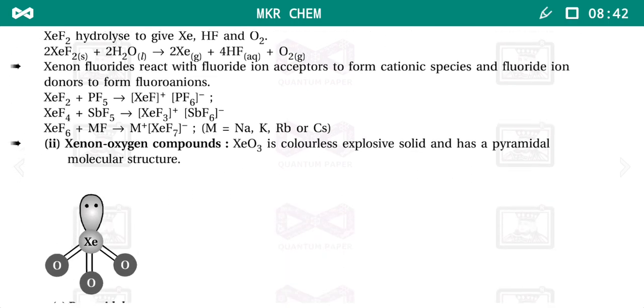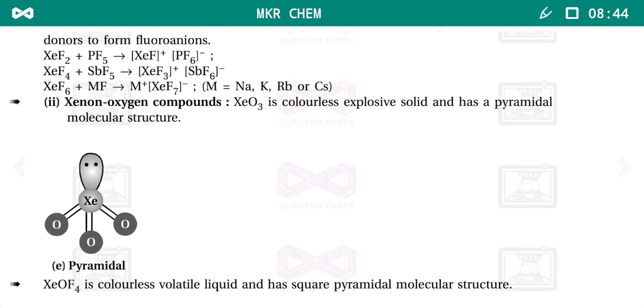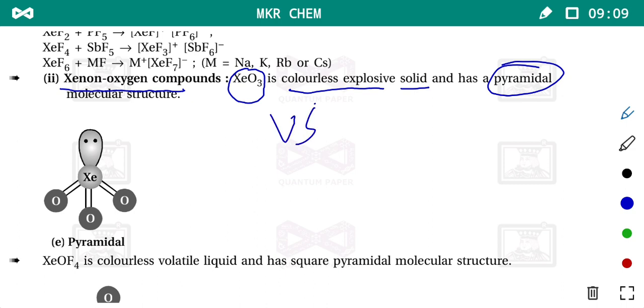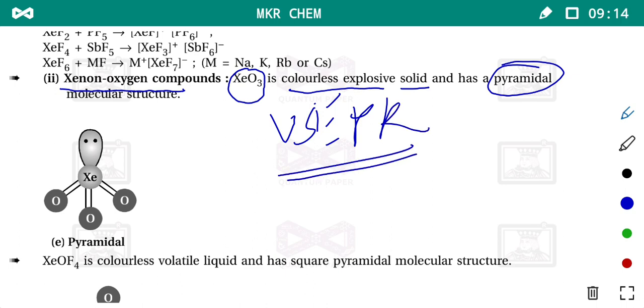Let us discuss the second and last property, the xenon oxygen compounds' properties. XeO3, which we prepared in the previous lecture, is a colorless explosive solid and has a pyramidal shape. Once again, by using the VSEPR principle, you can draw the structure.